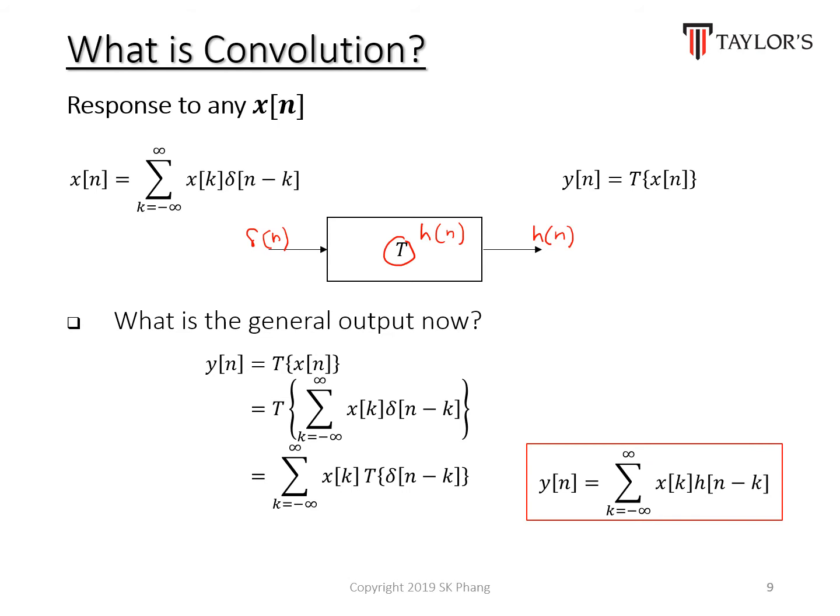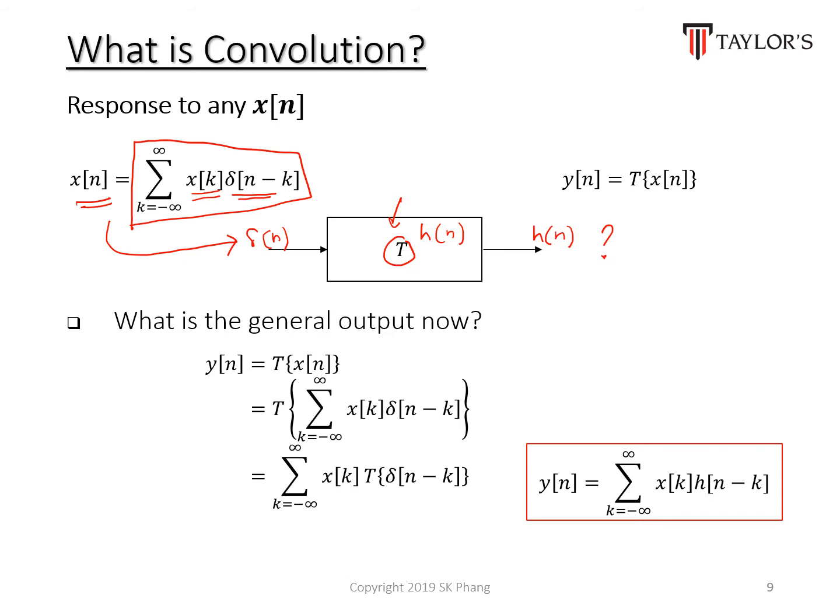So let us look at any signal. Just now you have learned that any signal can be decomposed into this form. It is a summation of constants, which are the signal values at different time stamps, multiplied with impulses at different time stamps as well. So now if we substitute this signal instead of the impulse signal into our system, what do we get as the output?